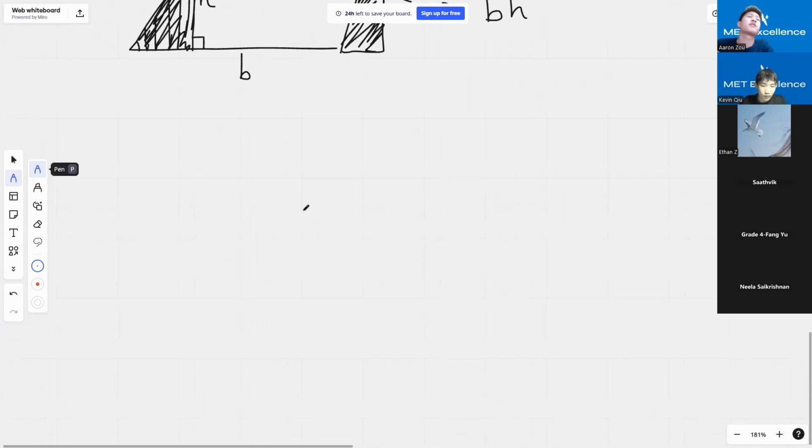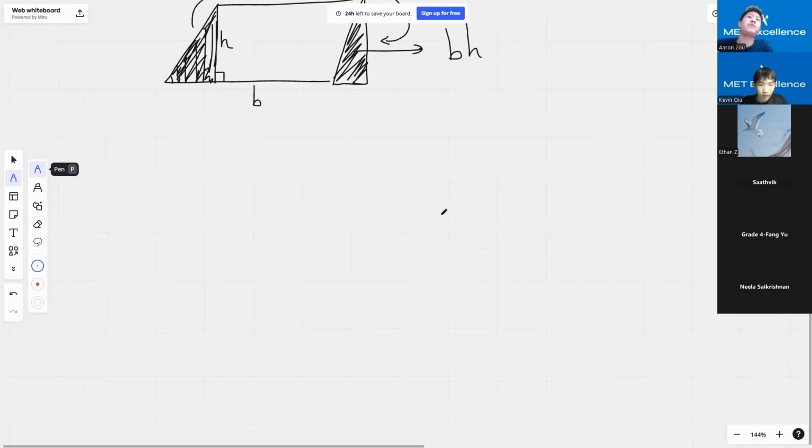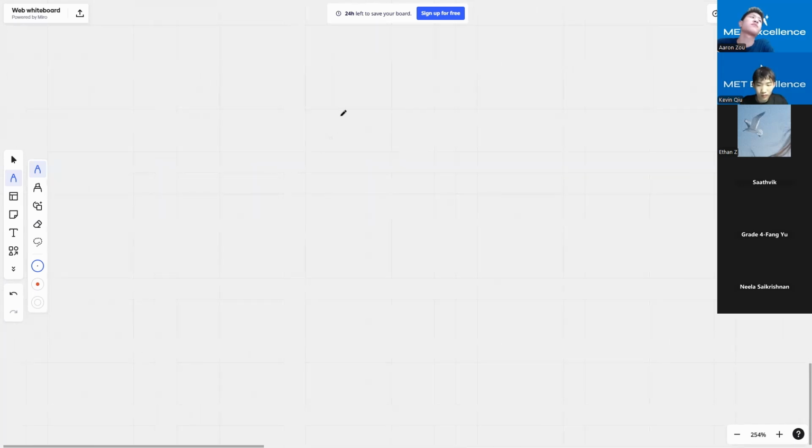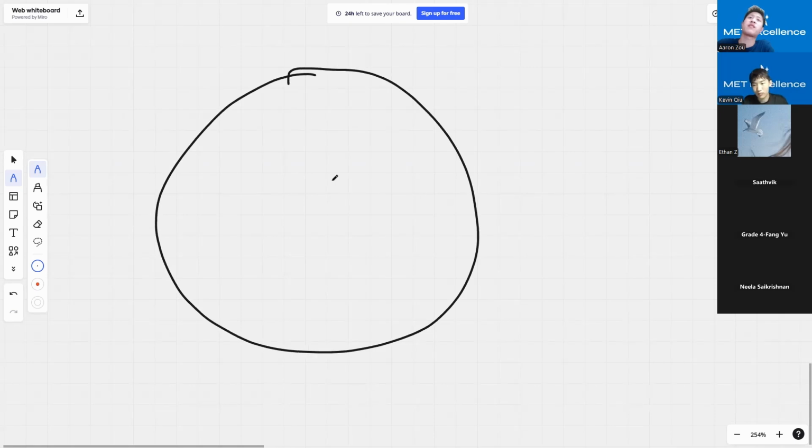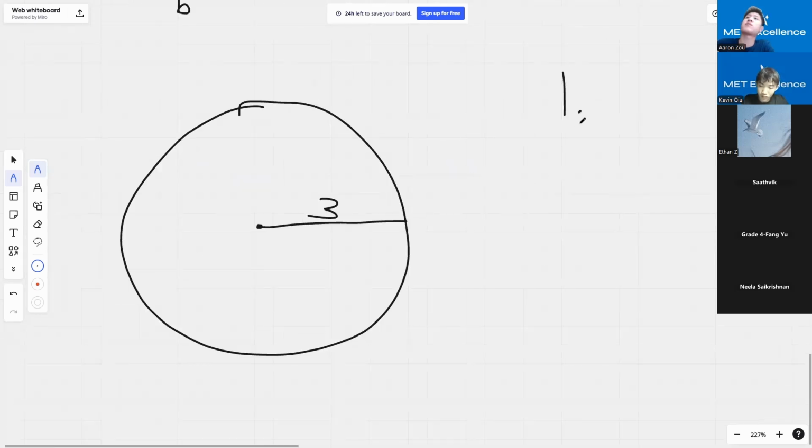So now let's talk about fractions of circles. Let's say I have a circle and it has a radius of 3. What I want you guys to do is answer 4 questions in the chat, okay? The first one, I want the area of the circle.